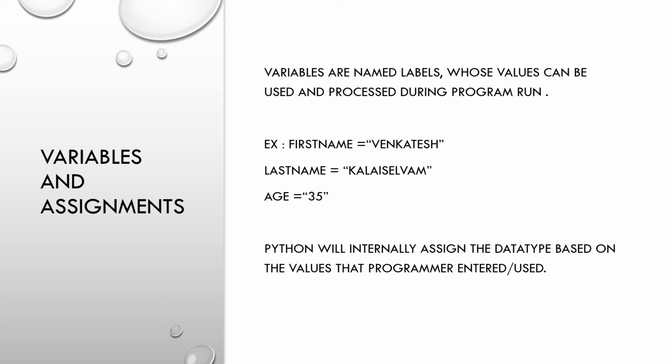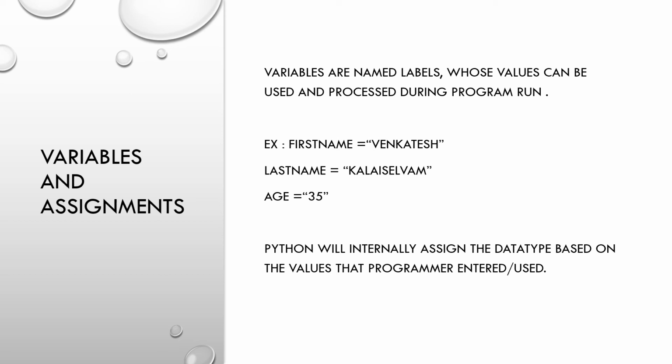And the assignment in Python programming is very simple. In Java, or any language, when you create a variable, you need to define the data type. We already studied data types in the Python characteristics video. Data type is nothing but what kind of data it is, whether it is string data, integer data, or Boolean data. But here we don't need to worry about it. Python will internally assign the data type based on the value that the program enters or uses.